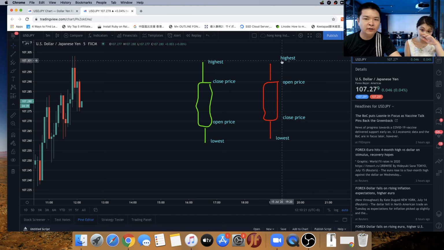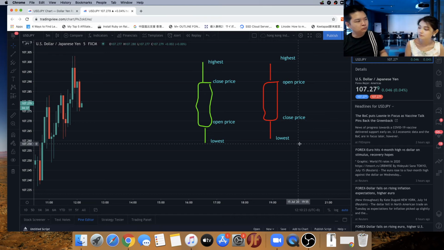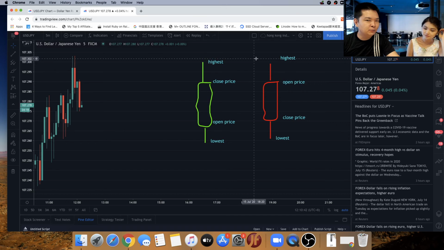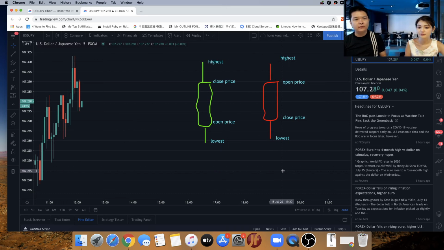So the highest and the lowest don't change. They interfere. But for the definition, it's not the opposite. So these and these are opposites, right? But this remains the same. Why? Because we're just talking about the highest price it reached. So bull and bear.